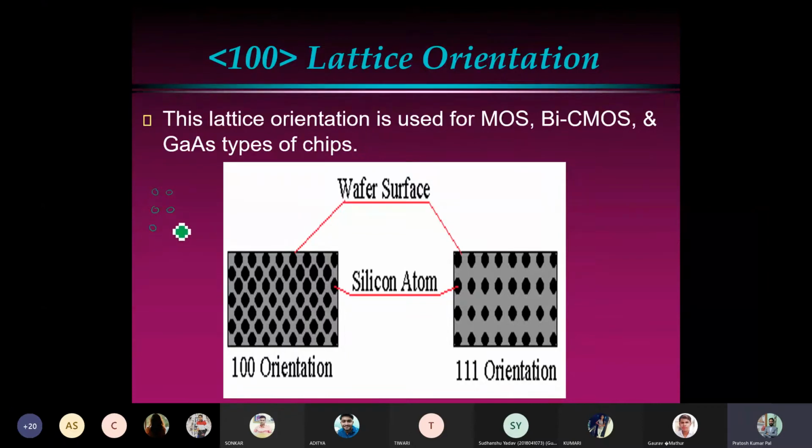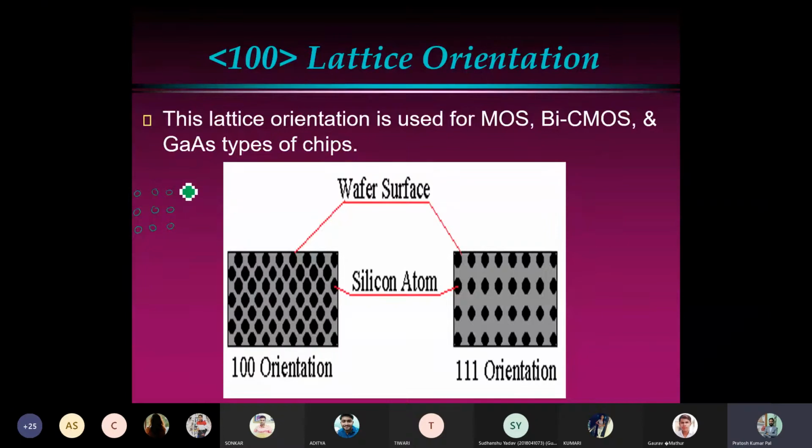Okay, so what type of placement of these atoms there is will decide the orientation of the crystal of that element. Okay, so different orientations will be there. Based on that, a complete placement of elements, single crystal elements, will be forming a wafer basically.